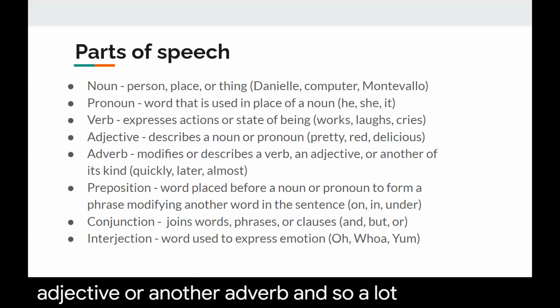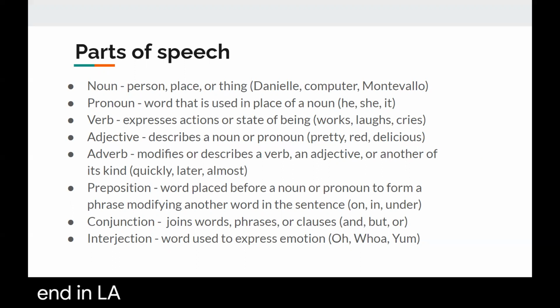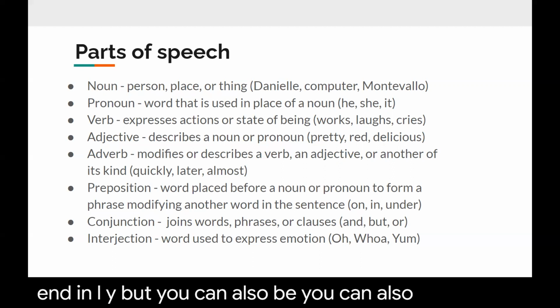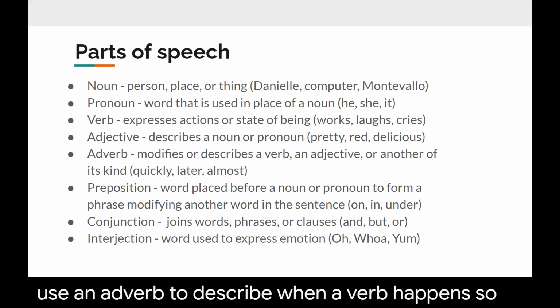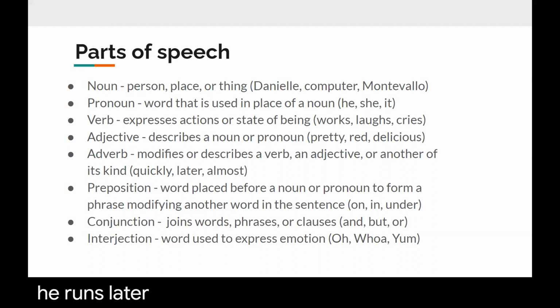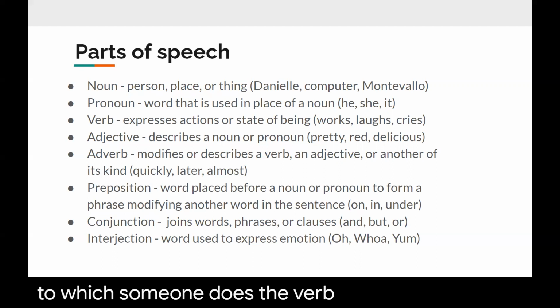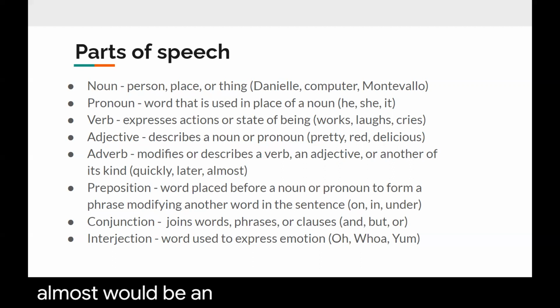And so a lot of adverbs end in ly, but you can also use an adverb to describe when a verb happens. So he runs later. Later would be an adverb. And the degree to which someone does the verb. So he almost fell. Almost would be an adverb describing how he fell.